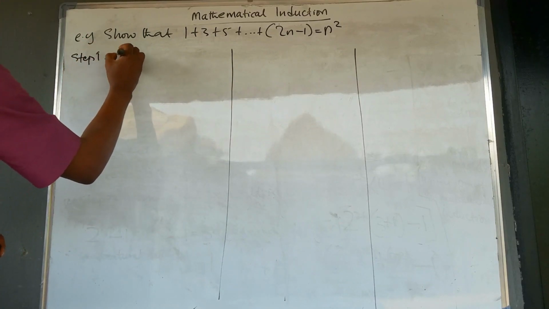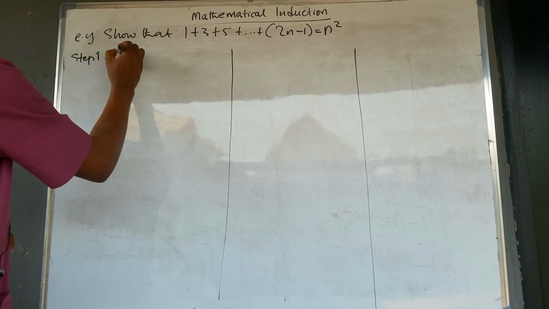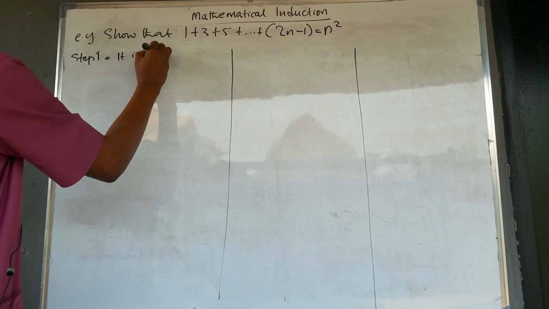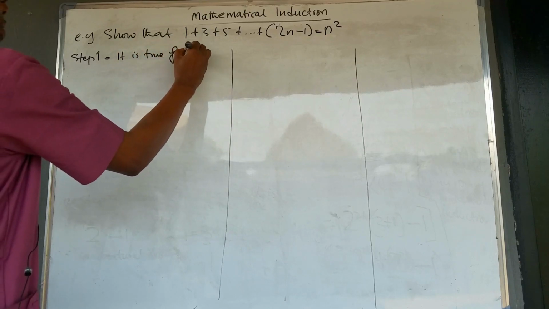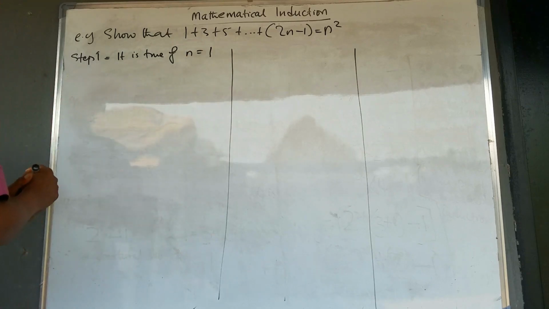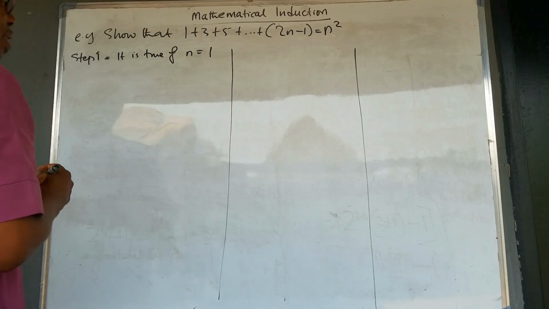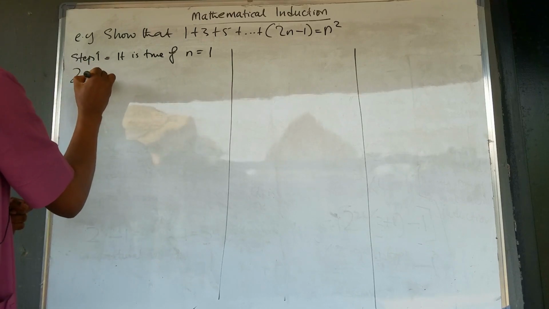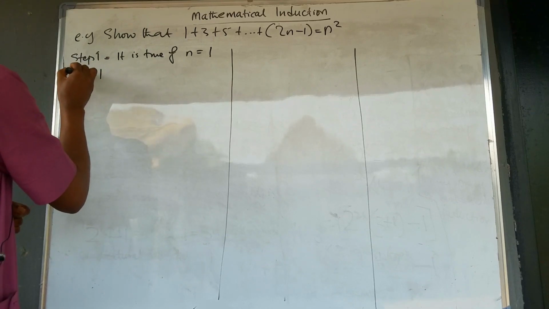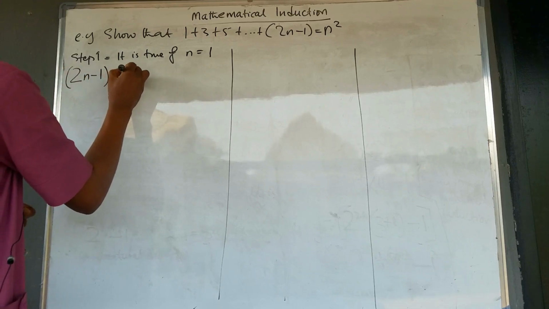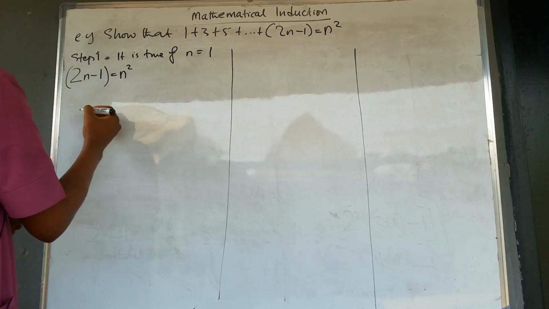Step 1, we want to say that it is true for n equal to 1. I want to prove that it's true for n equal to 1. So what do I do? I'll write 2n minus 1 equal to n squared.